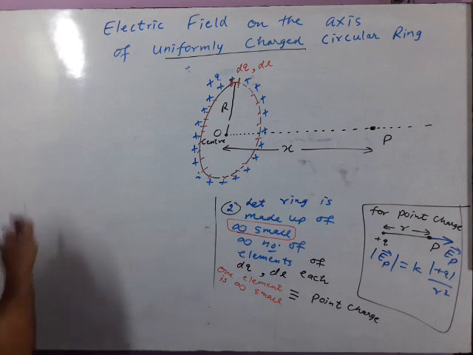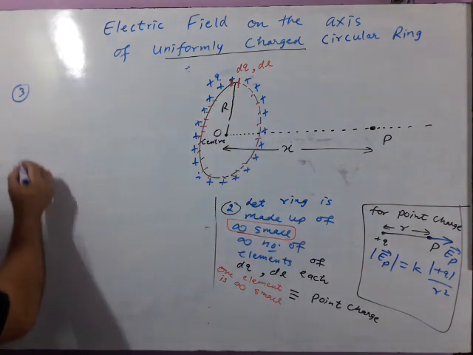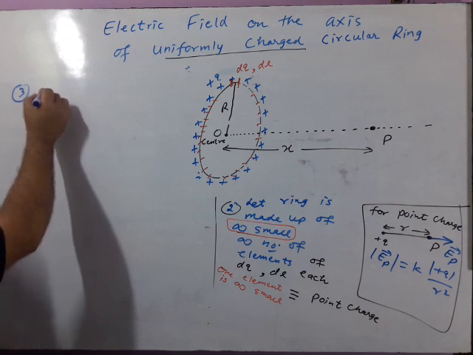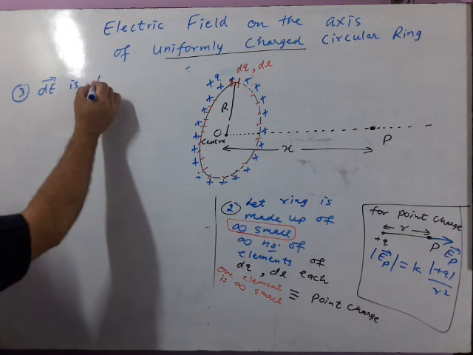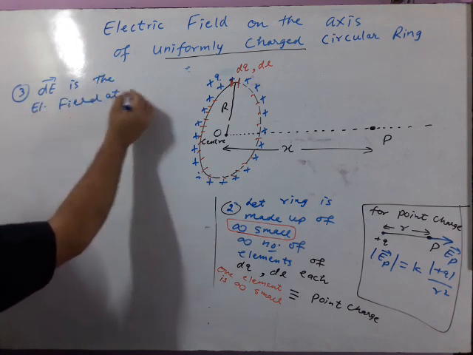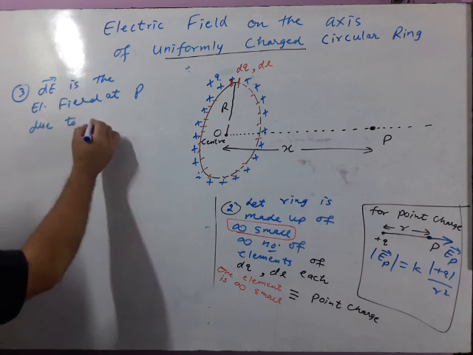Then in point number 3, for this considered element, dE is the electric field at P due to the considered element.